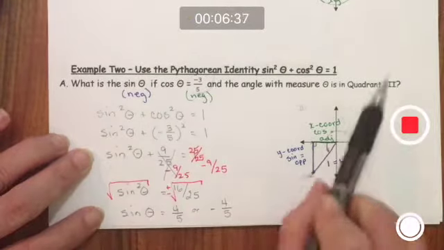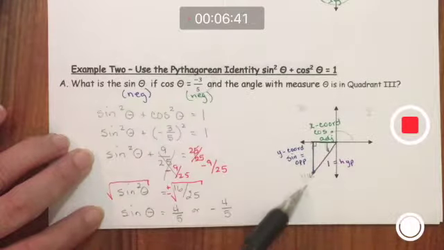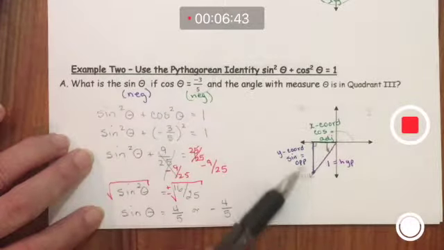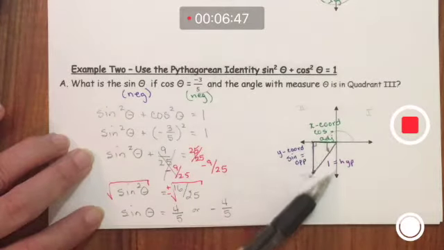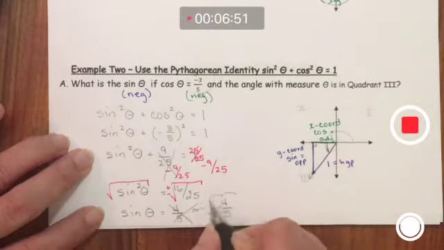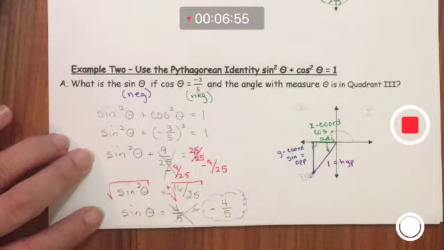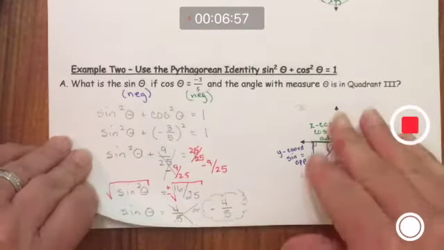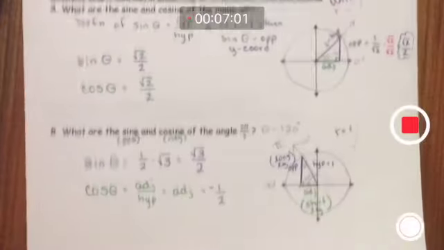So again, I go back to which quadrant I'm in. I'm in quadrant 3, and those y coordinates or signs are going to be negative. They're headed in the negative direction from my origin. They're headed down. So I'm going to get rid of this one, and my answer is -4/5. So we'll try that again on an angle that looks a little bit different. So let's go here.